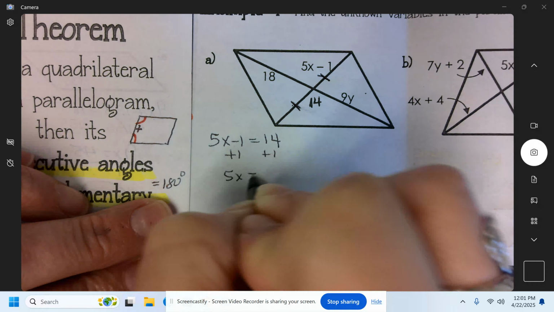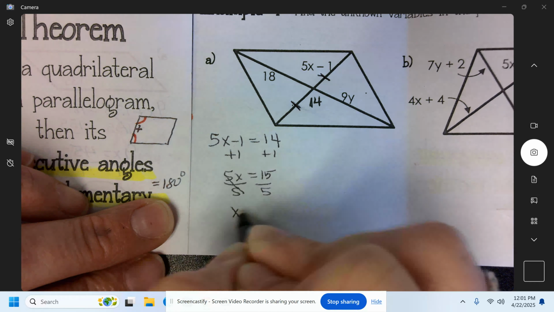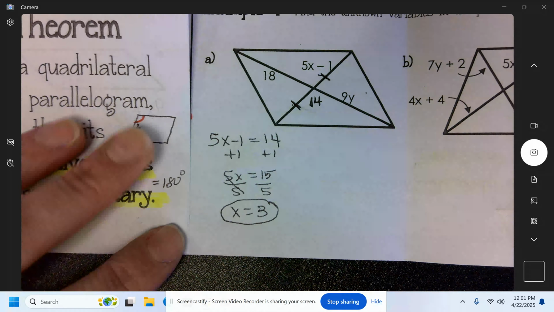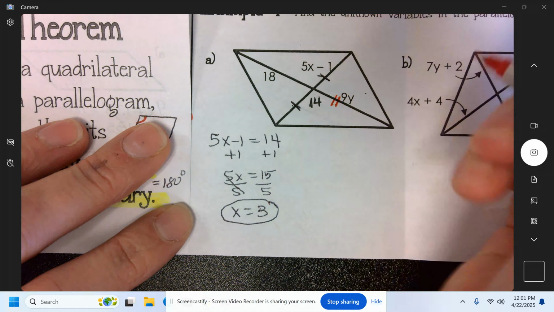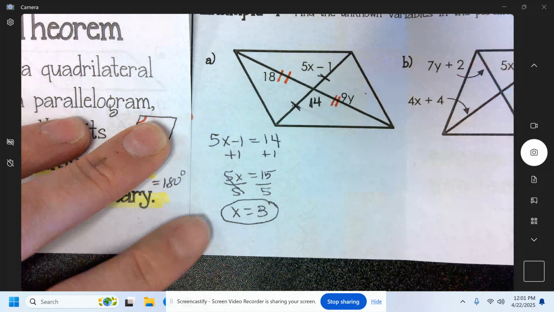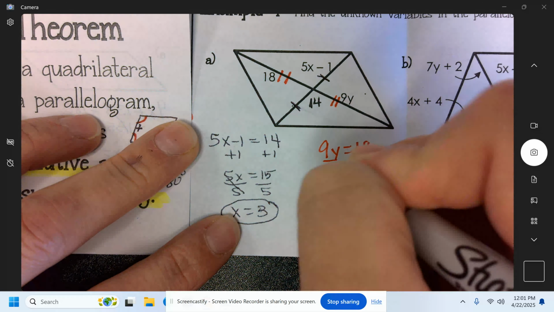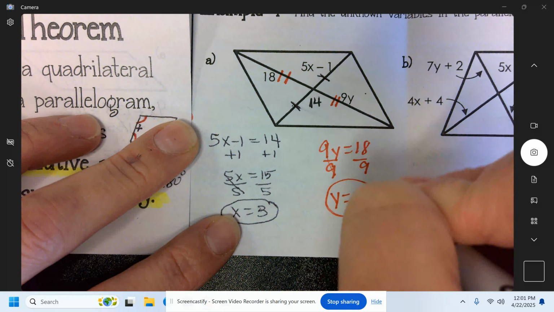That gives us 5x equals 15. Then divide both sides by 5, which gives us x equals 3. For the other diagonal, we know that 9y has to equal 18. So 9y equals 18. Divide both sides by 9, and that gives us that y is equal to 2.